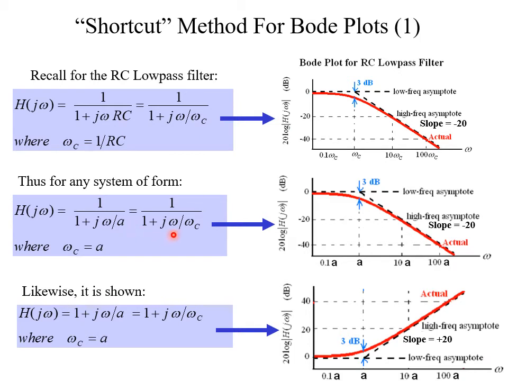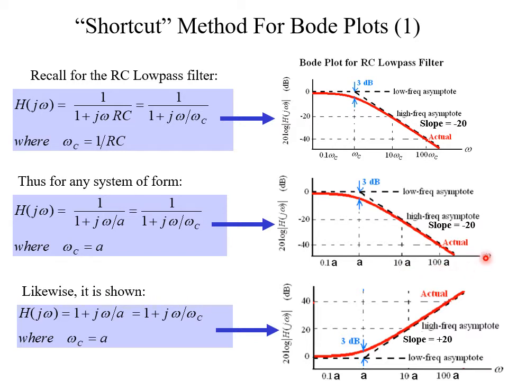So we know that a is equal to the corner frequency. We could plot this system using these results. We have 0 decibels up to the corner frequency, which is a, and after that it starts falling at 20 decibels per decade. So this is the frequency a, this would be 10a, this would be 100a, 1000a, etc.